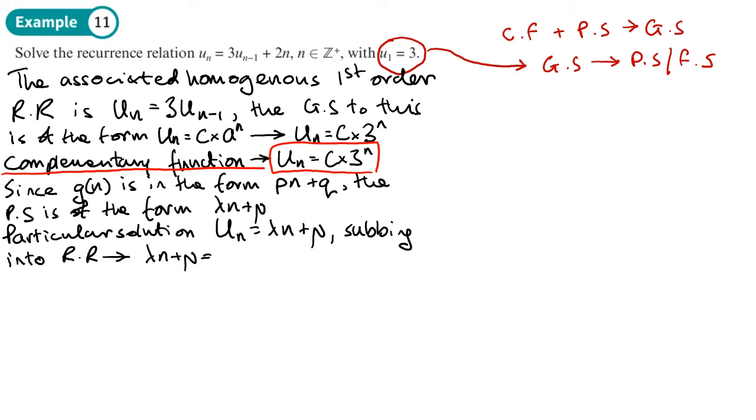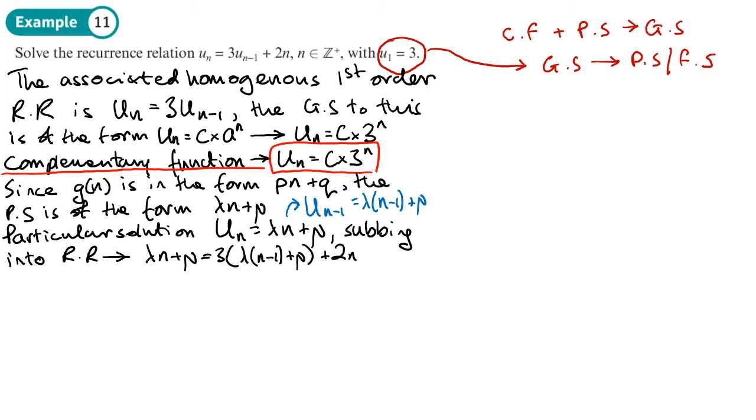Now, what's u_(n-1)? Well, if u_n equals lambda n plus mu, u_(n-1) will be lambda times n minus 1 instead of n, plus mu. So we need 3 lots of that, so it's going to be 3 times lambda (n minus 1) plus mu, and then plus 2n.